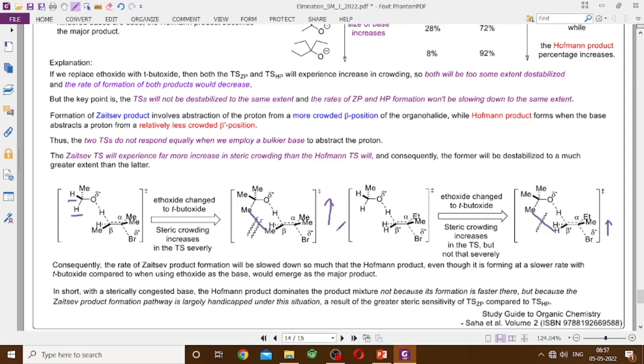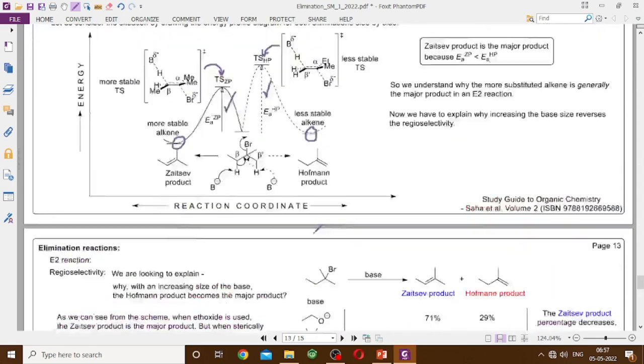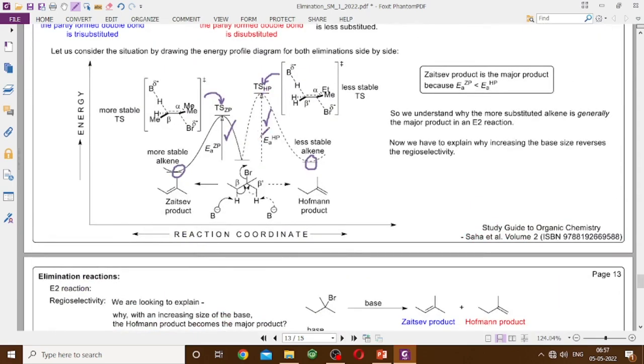As a result, এইটা যদি অনেক উঠে যায়, এটা উঠবে কিন্তু কম উঠবে। As a result, তোমার সিচুয়েশনটা এরকম হয়ে যেতে পারে যে এই জিনিসটা Hofmann product, that transition state is destabilized and therefore this will be something like this. But the Zaitsev transition state may become like that because of the severe steric hindrance, even though it involves the formation of the partly formed double bond which is more substituted. The steric hindrance is such that the Zaitsev transition state is now somewhere here.